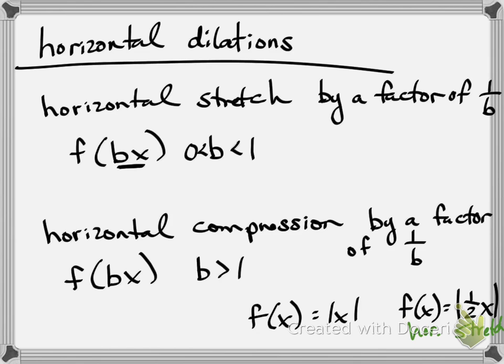And the factor is 1 over 1/2, which is the same thing as 2. So it's really just like a reciprocal every time. And a horizontal compression, I'm actually not going to show that.